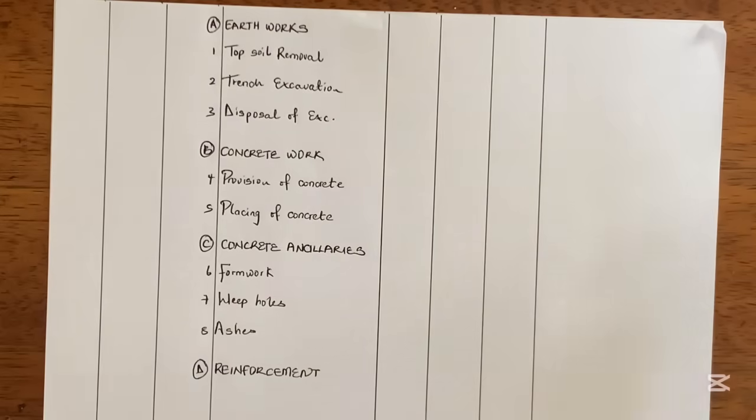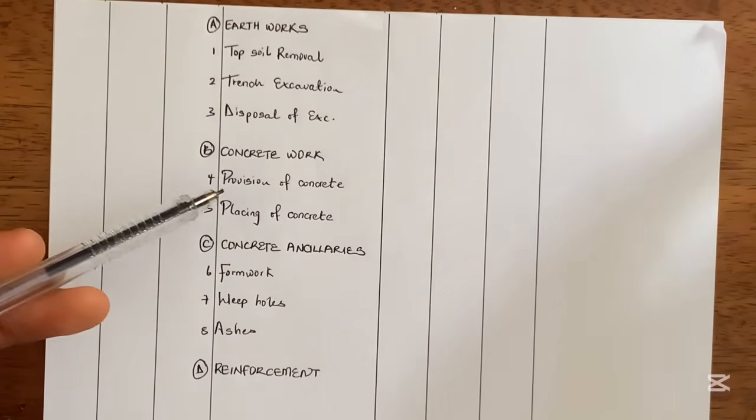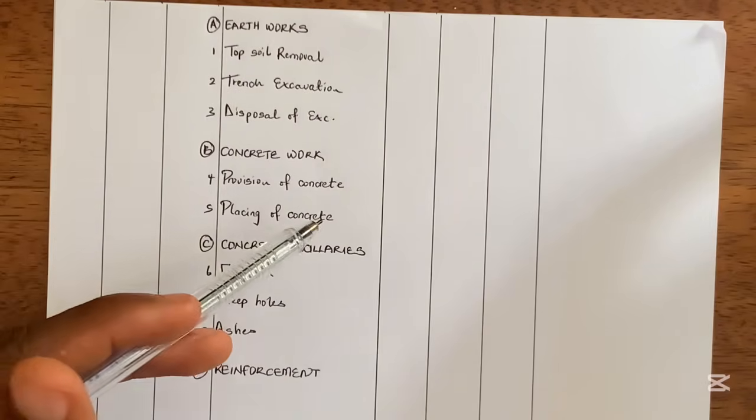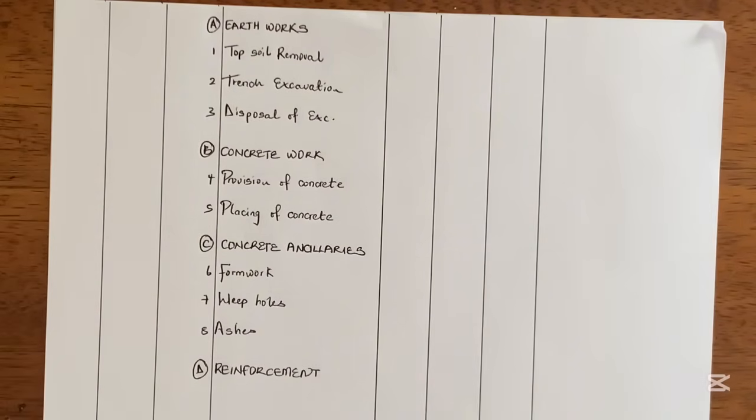These self-loading concrete mixers won't just bring one portion of the concrete to the site. It has to go and come back multiple times before the whole structure that is made of concrete is complete. I hope that makes sense. So that is why we have to measure the volume of concrete to cater for the provision of the concrete, which is for concrete that they are going to bring to site.